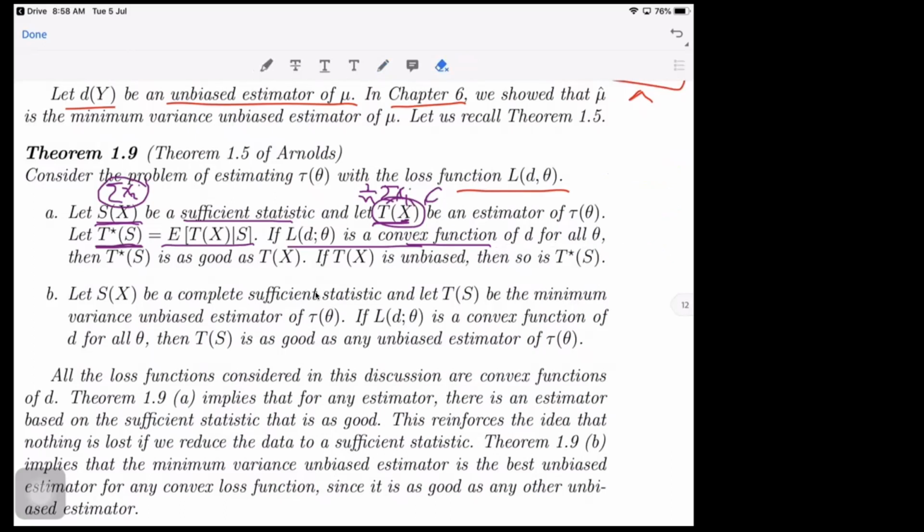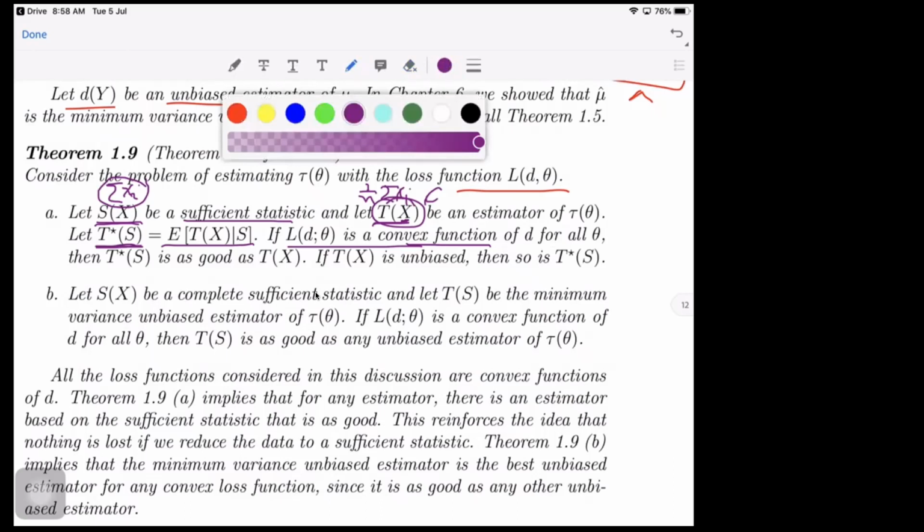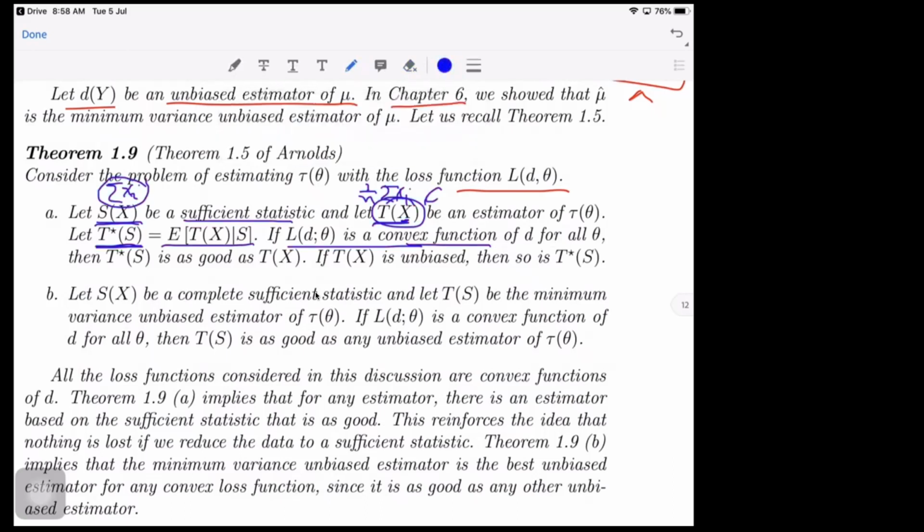Convex function properties. Okay, so it's monotonically increasing, no? So a convex function is a monotonically increasing function.